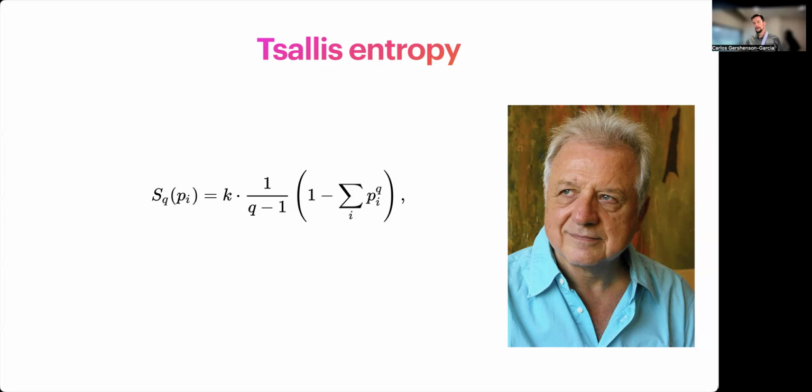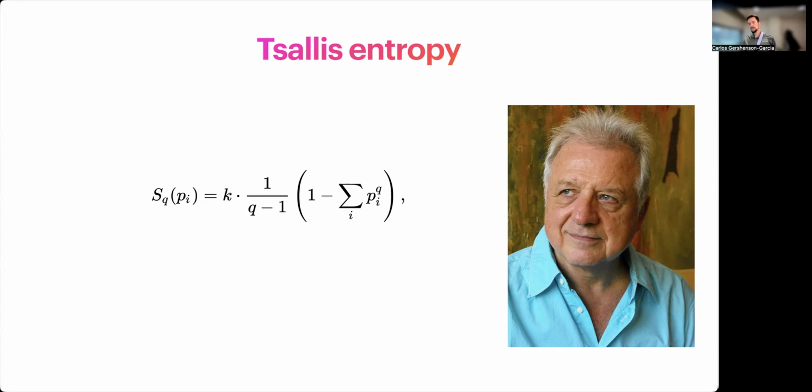Shannon information usually is better for homogeneous distributions or normal distributions. But for those phenomena that have power law-like distributions, skewed distributions, where you have few states with a high probability and many states with low probability, then Tsallis entropy can be used.